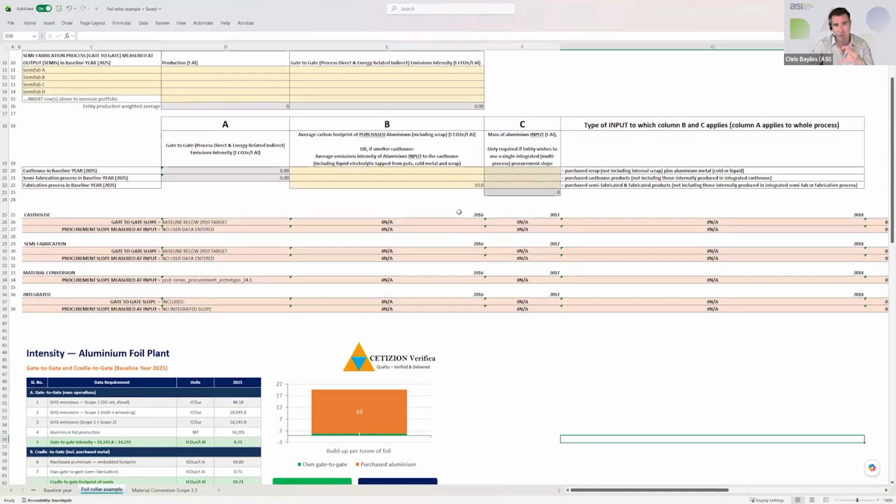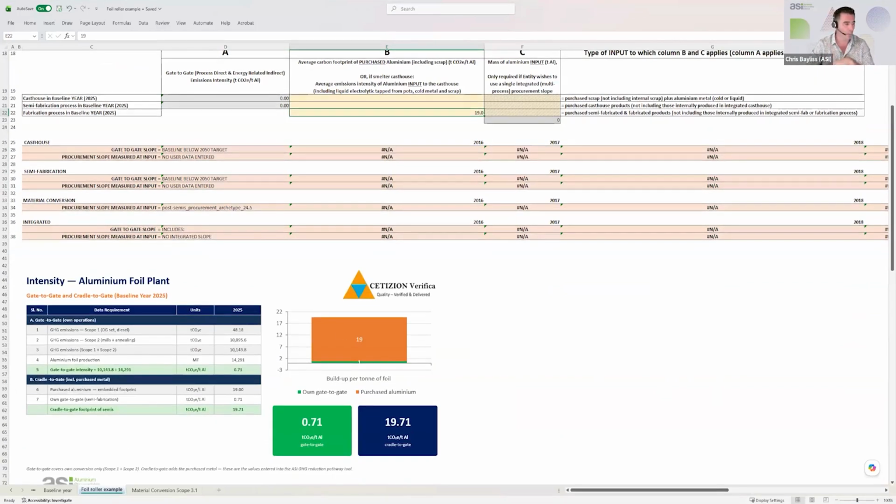And for material conversion entities, it's this field here, field E22. It's the average carbon footprint of purchased aluminium in a given year. And you'll remember from Gangaa's example earlier on that that number is 19. Not 19.71 because that includes the direct emissions. It's just 19, which was the purchased embedded footprint.